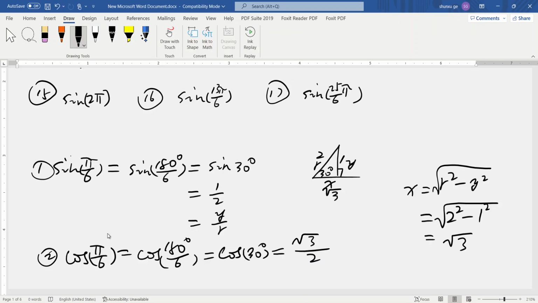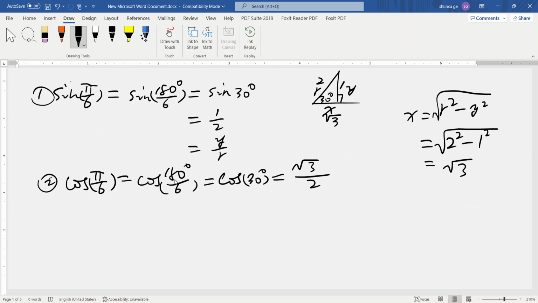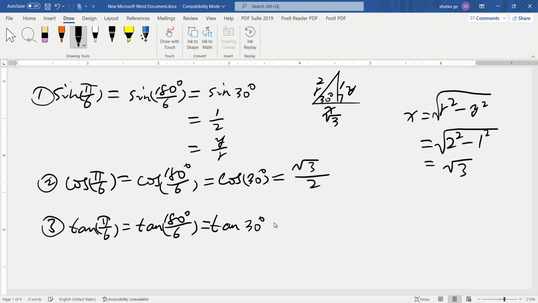So cosine is square root 3 over 2. This is cosine. How about question 3? Tangent pi over 6 equals tangent 180 degrees divided by 6 equals tangent 30 degrees.